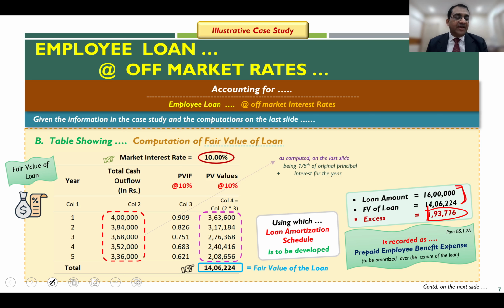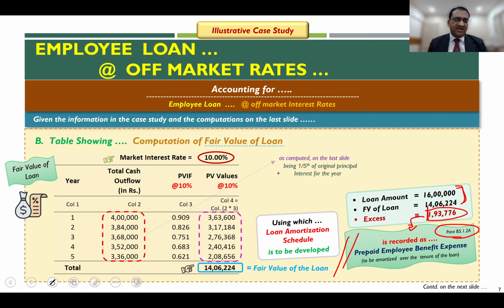This, if you look at paragraph B5.1.2A of both IFRS 9 or Ind AS 109, requires us to record this excess on the basis of the relationship between the two parties involved.